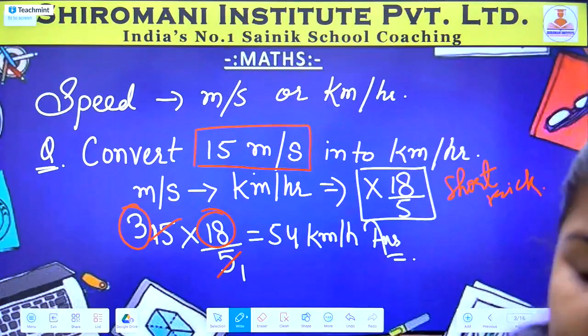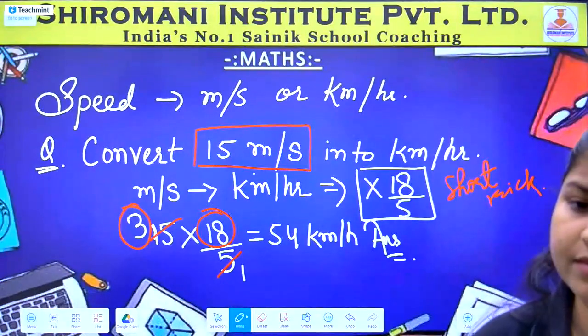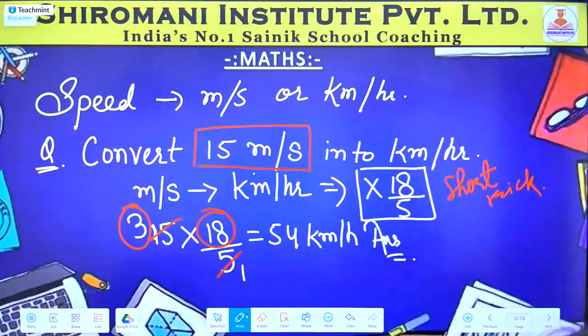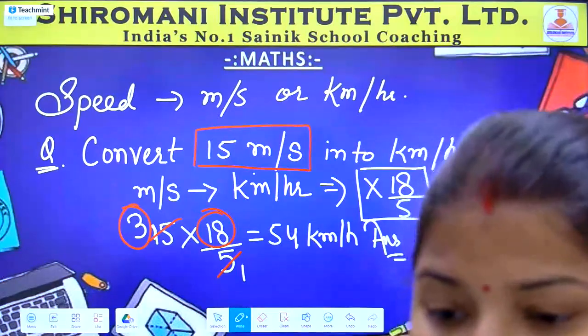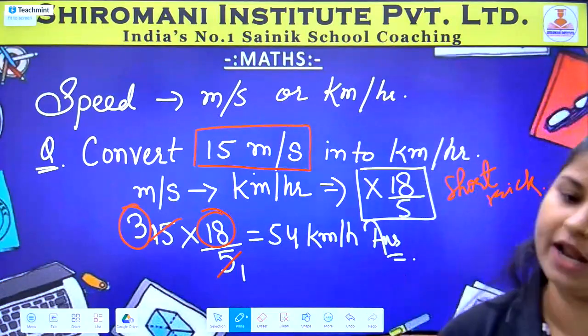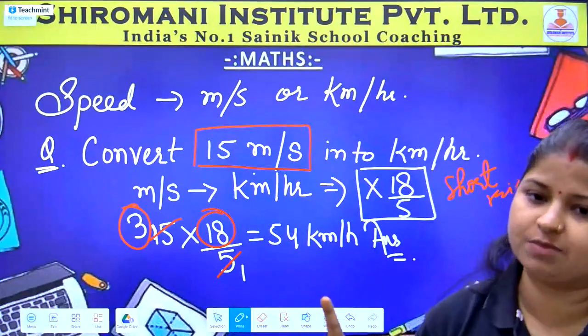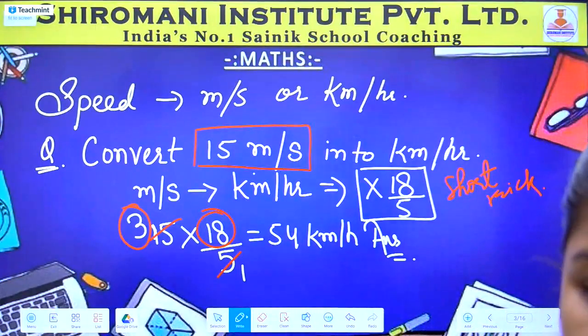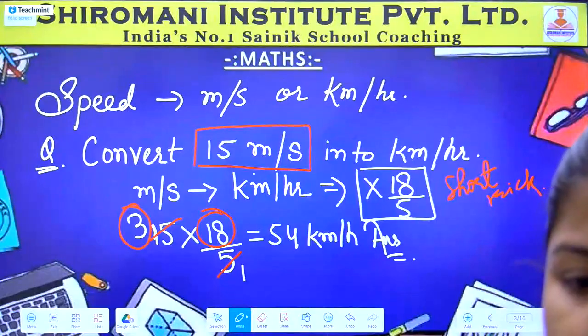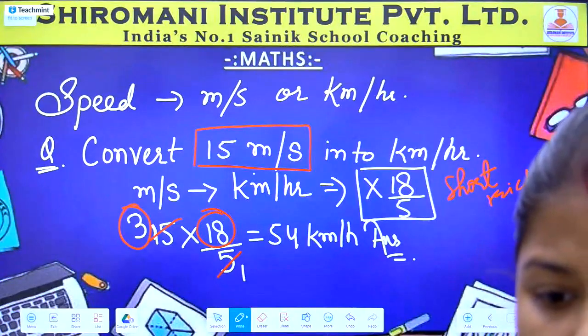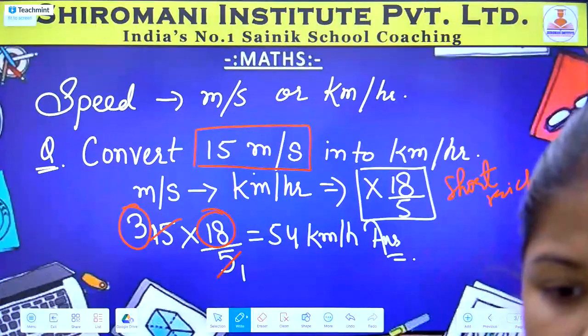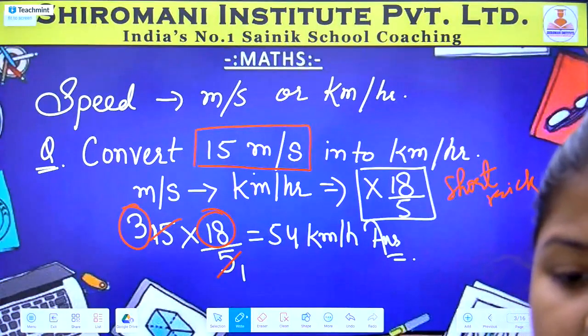Yes, Naksh, quickly. Ma'am, explain it once. Okay, those who want me to explain this once more, please lower down your hand. Please lower down your hand, those who want me to explain this once more. Yes, Rutvik. Yes, Vardhan.